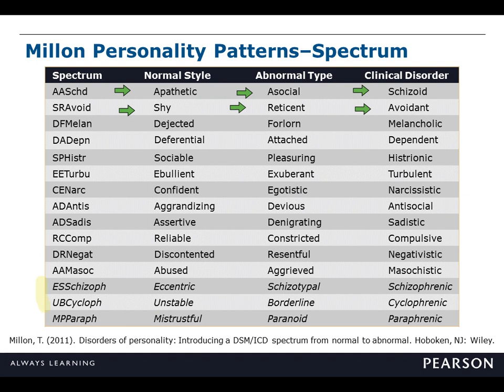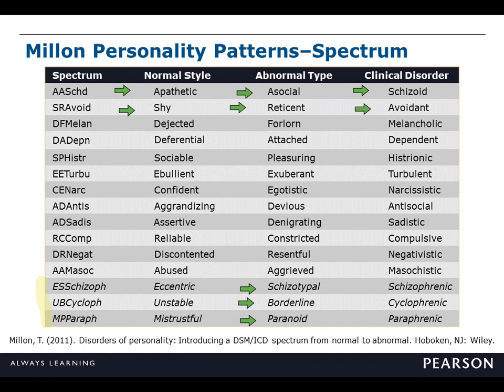An exception to that is towards the bottom, where we see the three that we consider to be structurally compromised personalities. That is, schizotypal, borderline, and paranoid. And you might notice that those common terms are actually in the middle here.